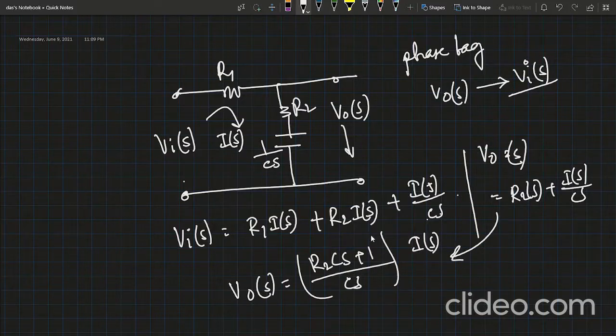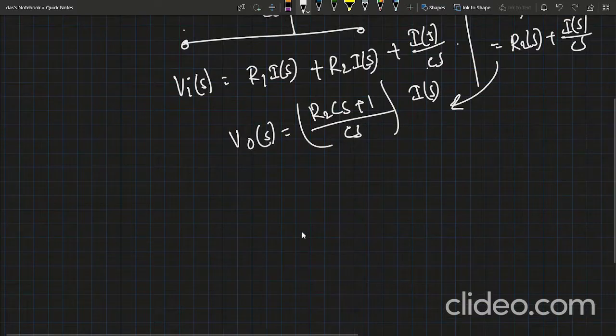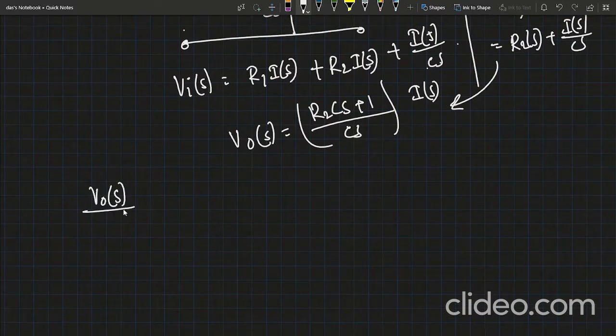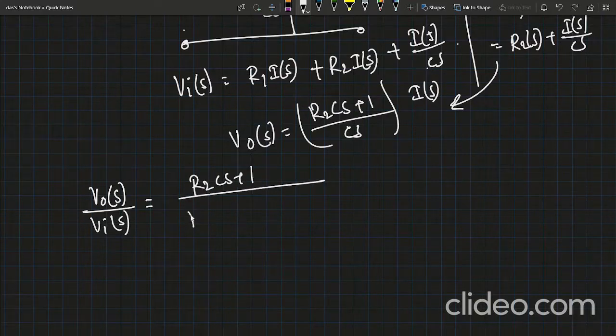So from this equation we compute this mathematical form. It's very easy. Now the transfer function is the Laplace transform of the output response divided by the Laplace transform of the input response, with all initial conditions equal to 0. If we put in this value, we get (R2 Cs plus 1) over (R1 plus R2) Cs plus 1.